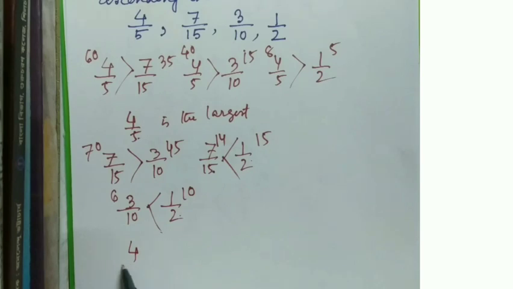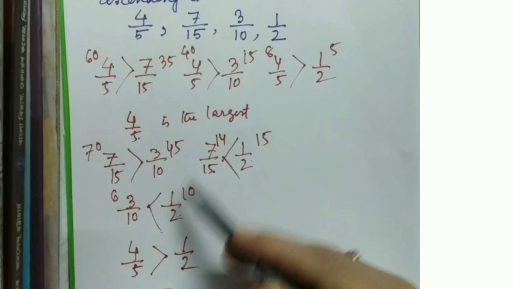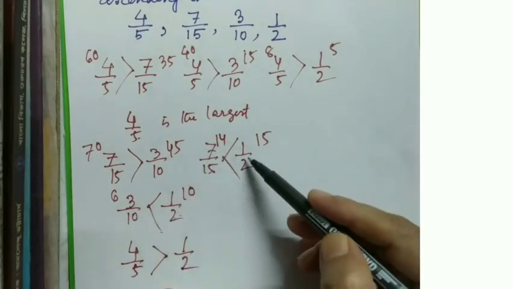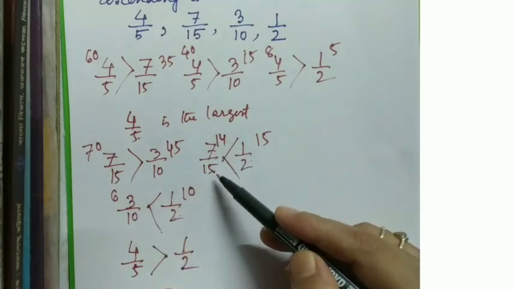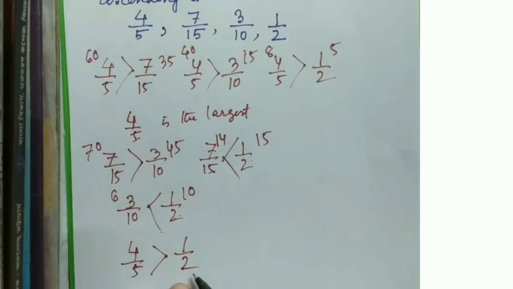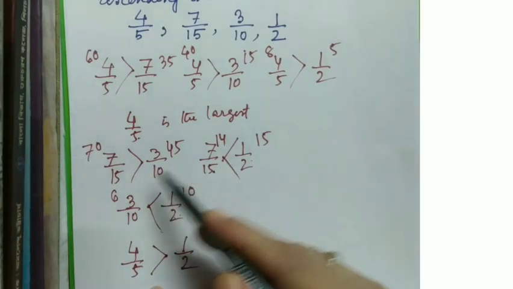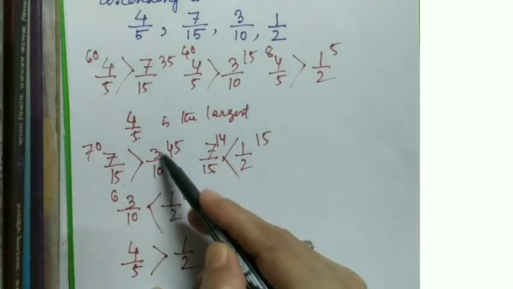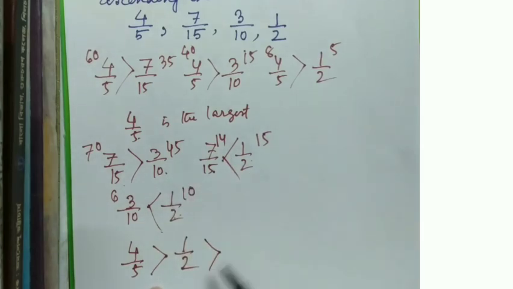If I write like this, 4 by 5 is the largest one, which is greater than, second position is half. As half is greater than 3 by 10, half is greater than 7 by 15. So this is half. And in third position, you see 7 divided by 15 is greater than 3 by 10. That means this is 7 divided by 15.